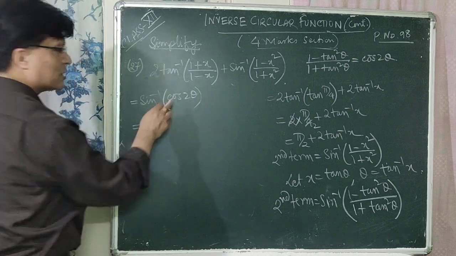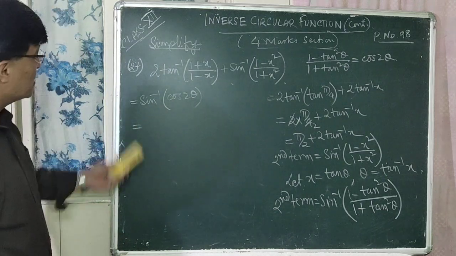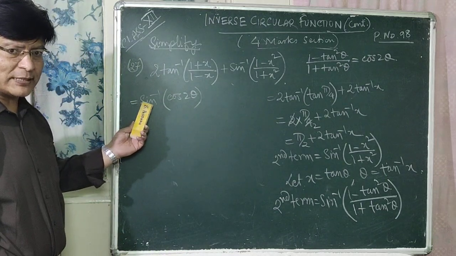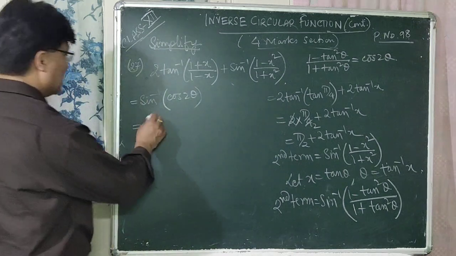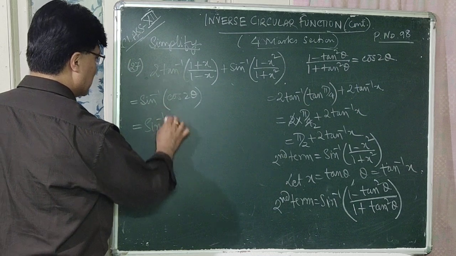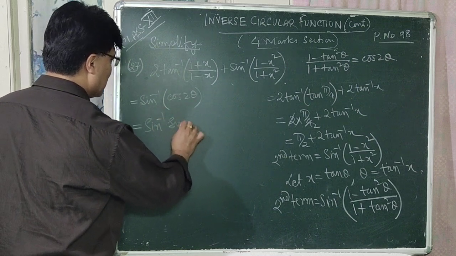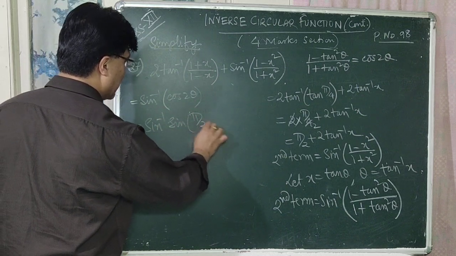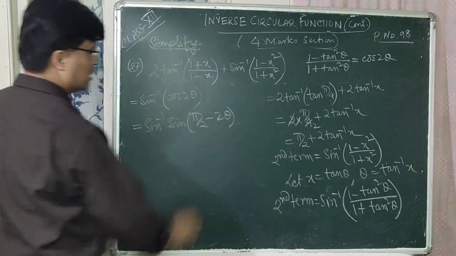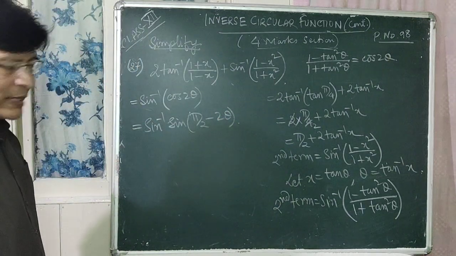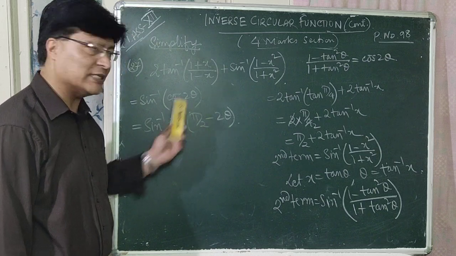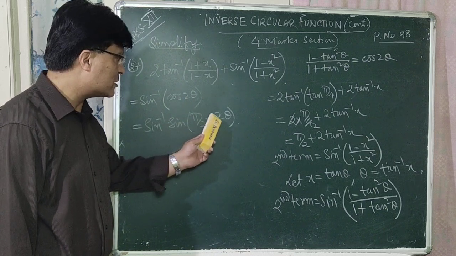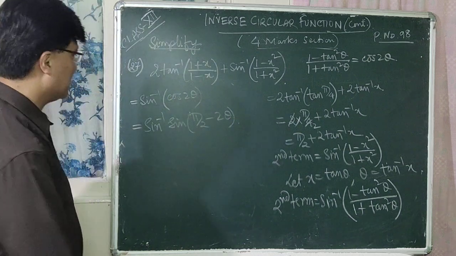Now you have to change cos into sine, because this is in terms of sine inverse. If you write sine inverse sine x form, you can write x only, isn't it? So sine inverse, let us convert into sine. So it is sine within bracket pi by 2 minus 2 theta, right? Because sine 90 degree minus theta is cos theta. So sine 90 degree minus 2 theta is cos 2 theta, right?